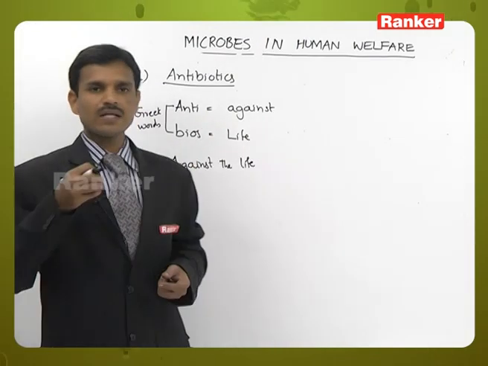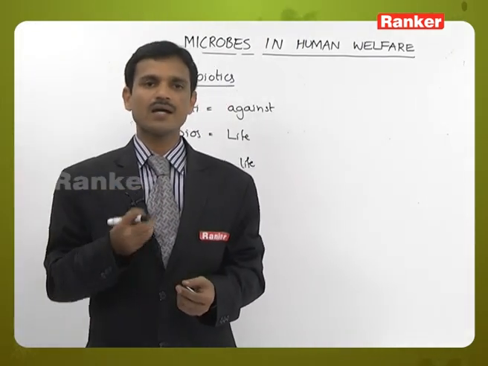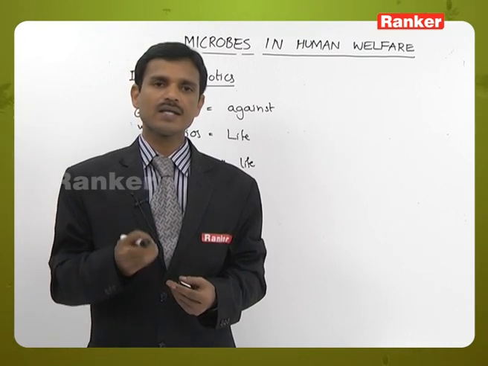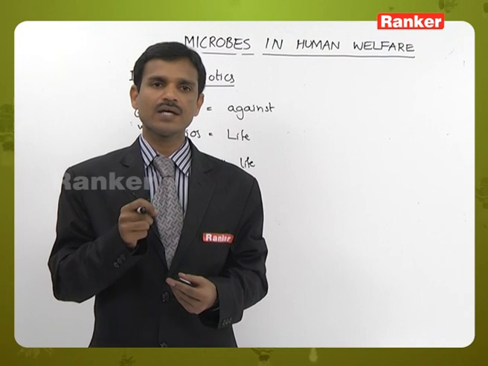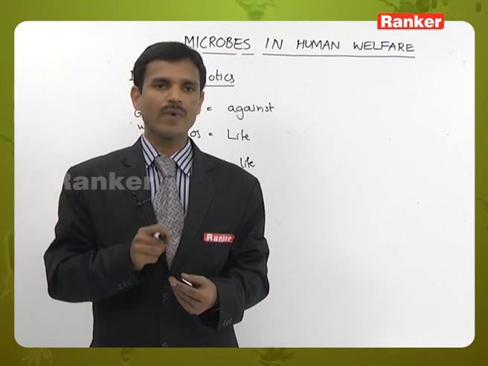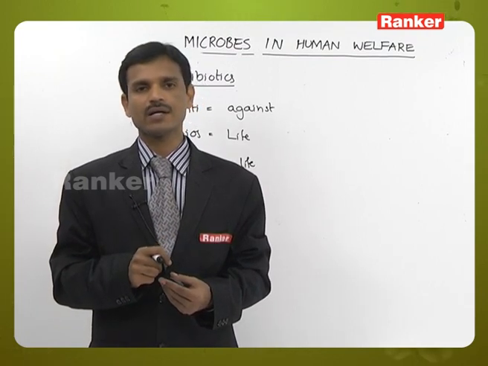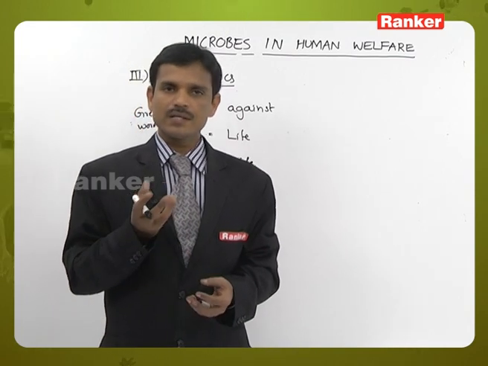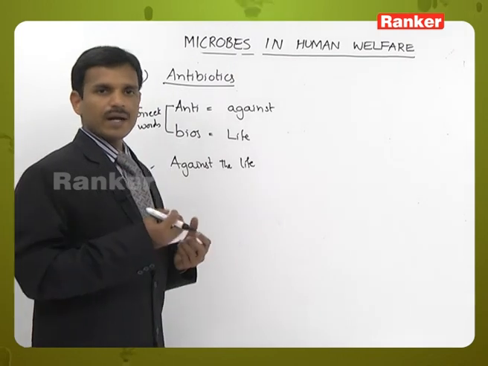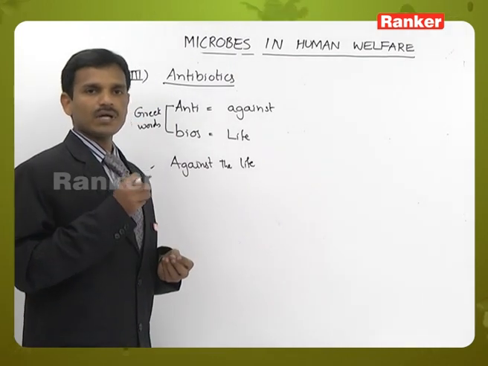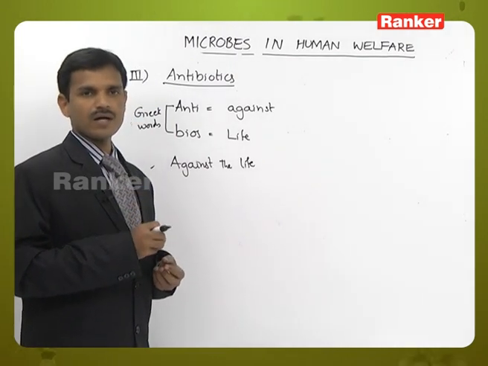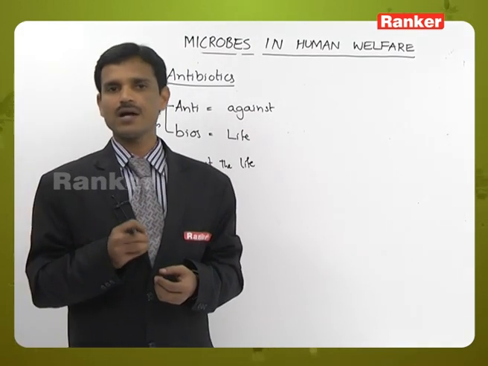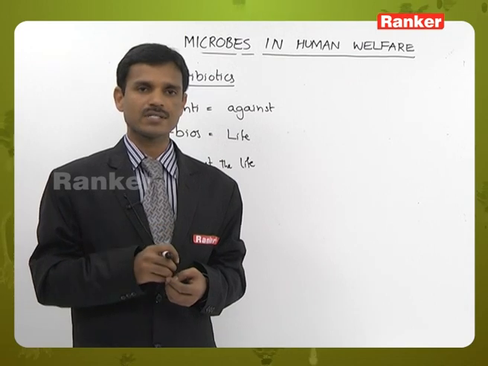So why are they not killing human beings or other animals? Antibiotic is against the life, but it is killing only harmful bacteria, pathogenic bacteria or pathogenic fungal members. Antibiotics generally kill only harmful pathogenic organisms. They are not harmful to human beings, plants or animals.